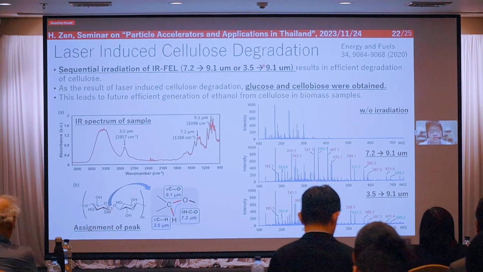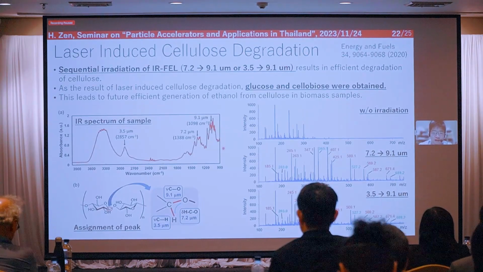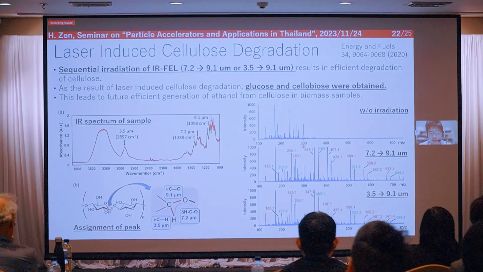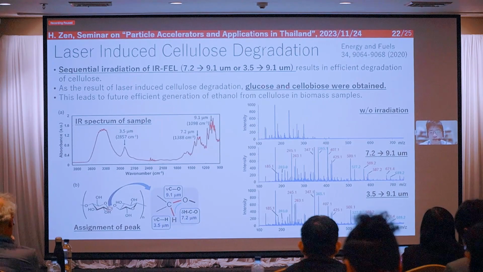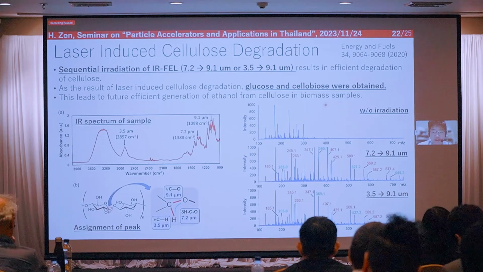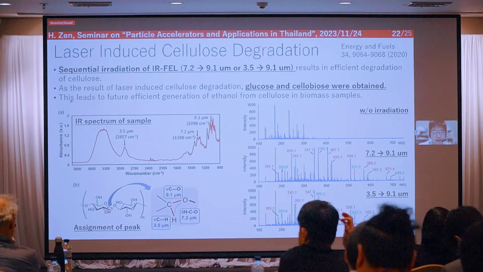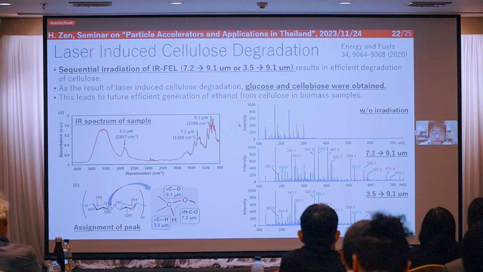Or firstly irradiate 3.5 micrometer, and afterward irradiate 9.1 micrometer. They measured the mass spectrum of the irradiated sample, and found some signature of glucose generation from the cellulose sample. And he claimed that this leads to the future efficient generation of ethanol from cellulose in biomass.